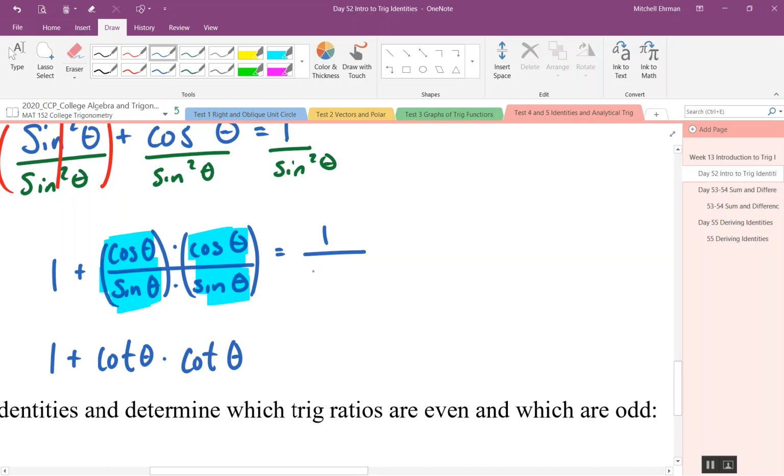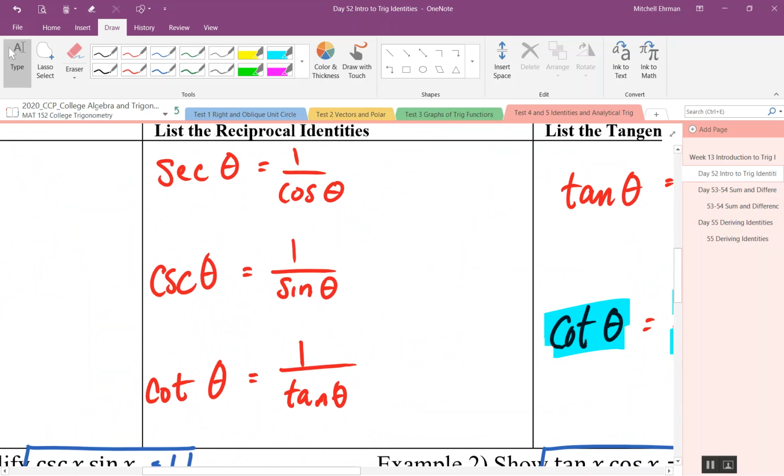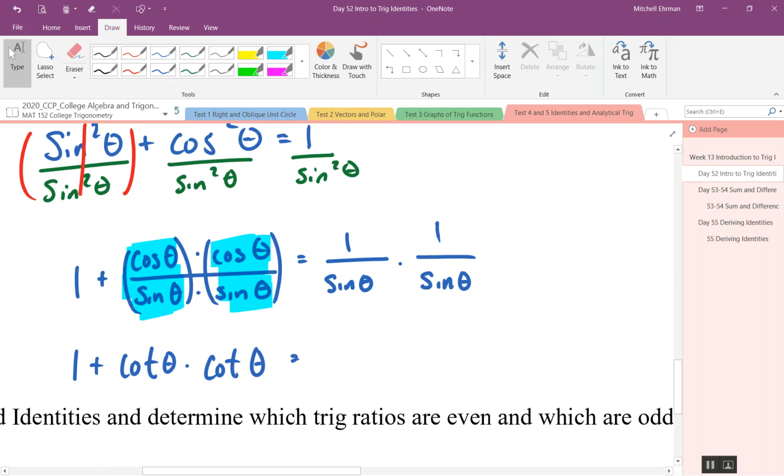Similarly, we've got 1 over sine theta times another 1 over sine theta. And again, by definition, or by looking at our prior trig identities, 1 over sine theta is indeed equal to cosecant theta.